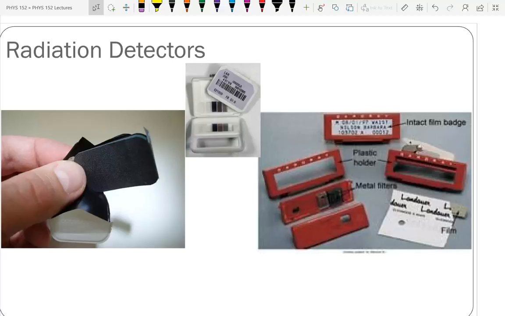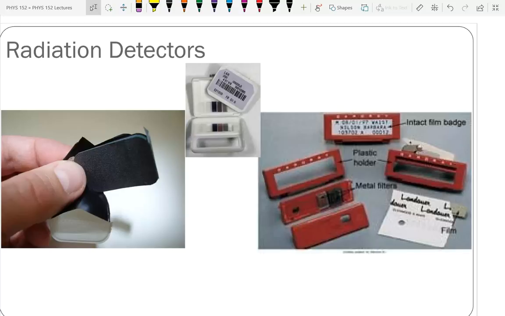So how do we measure it? The traditional way is by having a little folder. I usually bring my thing out, a little thing that you just wear on your pocket, and in there you have some film. You have different filters that will block different types of radiation with different effectiveness.